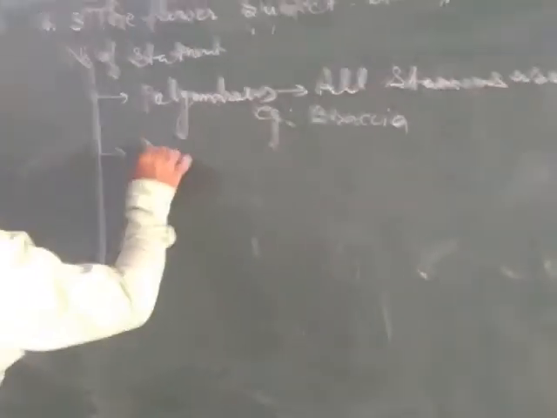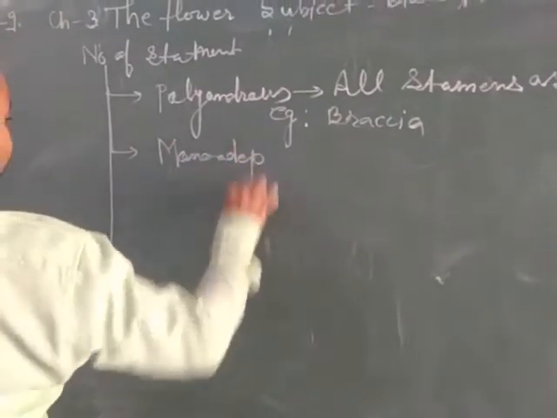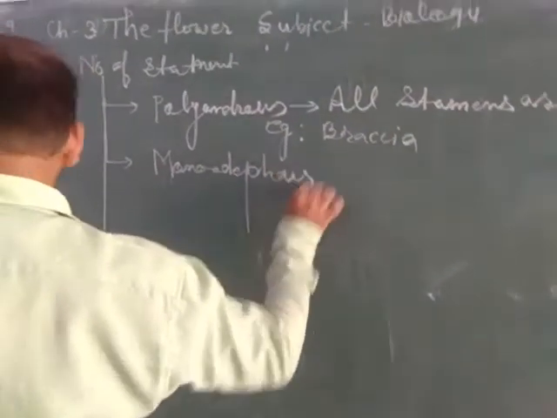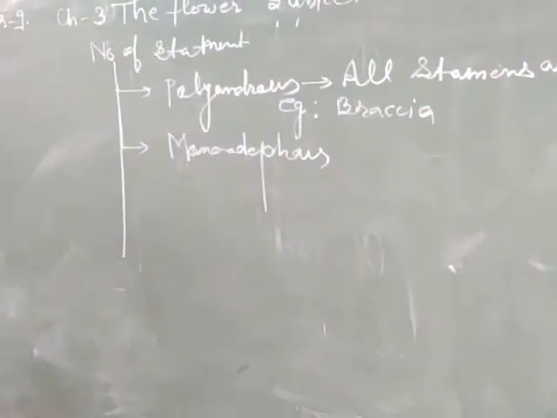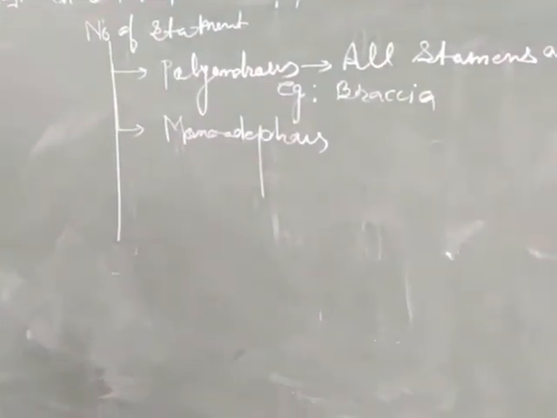The second type is monoadelphous. It is a condition in which the filaments of all stamens fuse into a staminal tube.